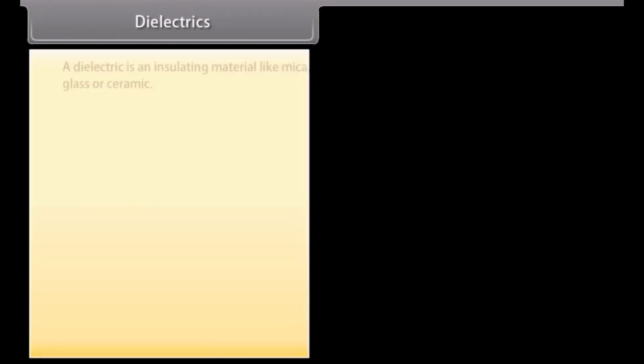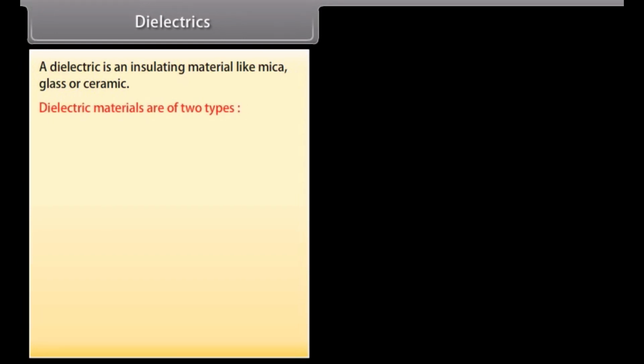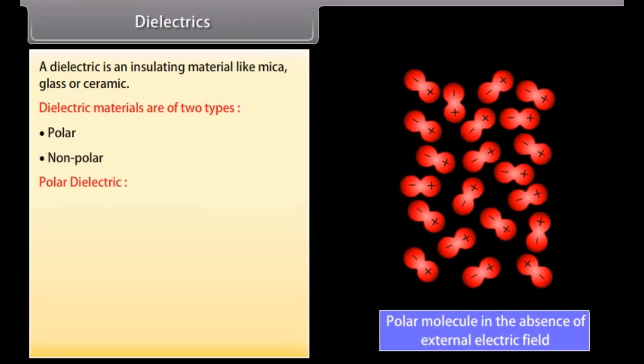Dielectrics. A dielectric is an insulating material like mica, glass, or ceramic. Dielectric materials are of two types: polar and non-polar. Polar dielectric.